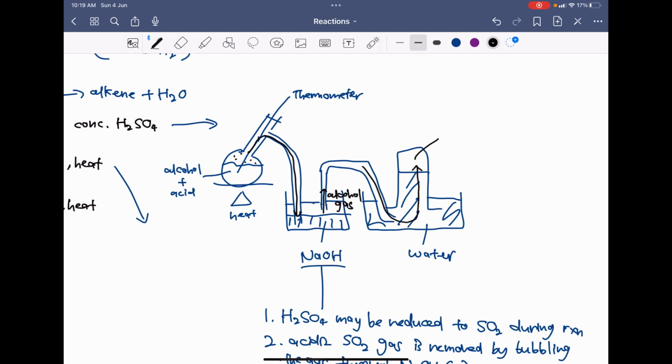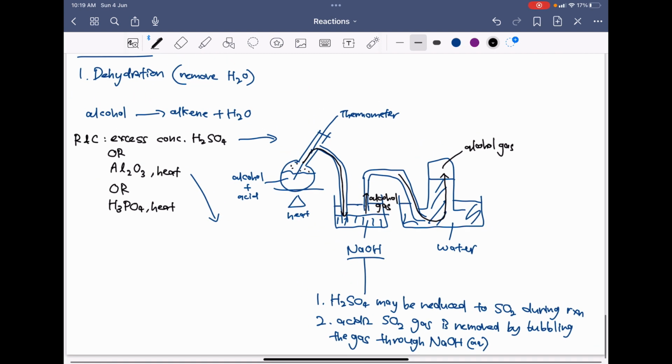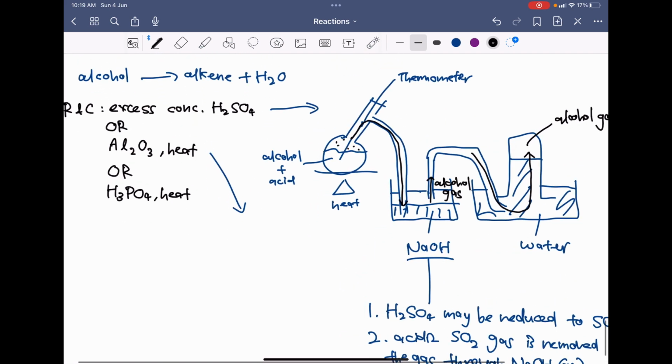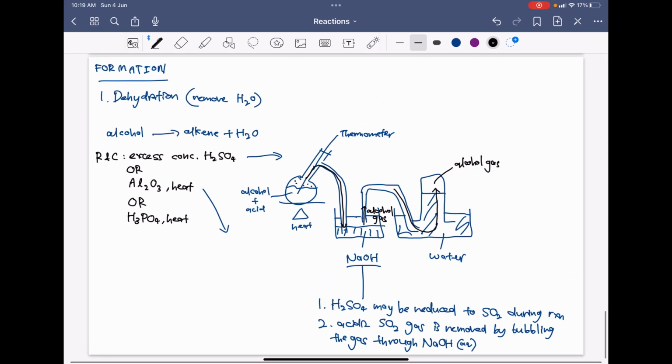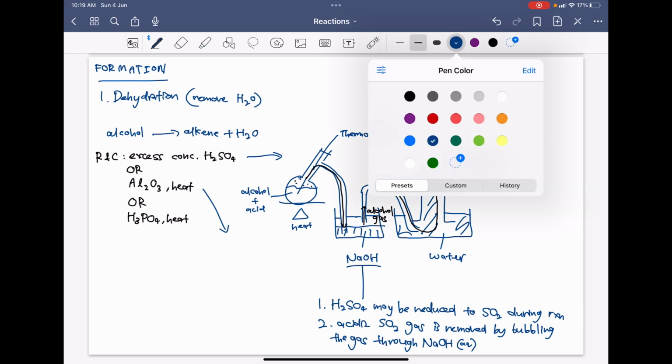So that's the whole concept of how this works. My apologies for writing alkene there. I got myself confused too, not gonna lie. Okay, so that's the first concept for excess concentrated H2SO4 as a reagent condition.